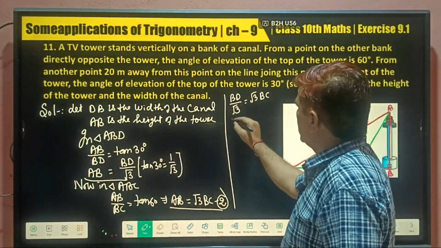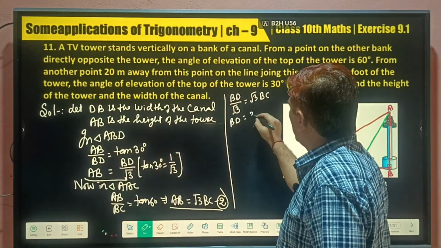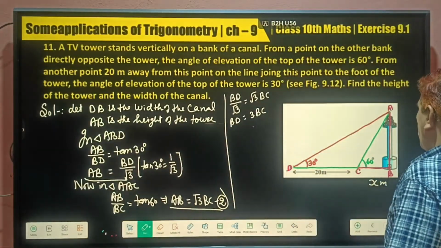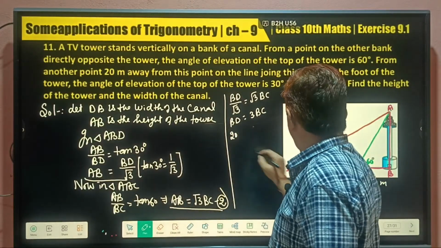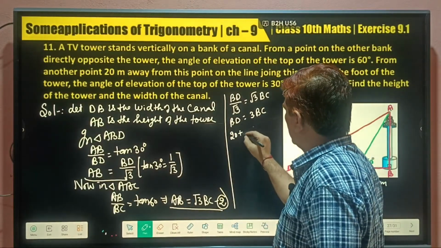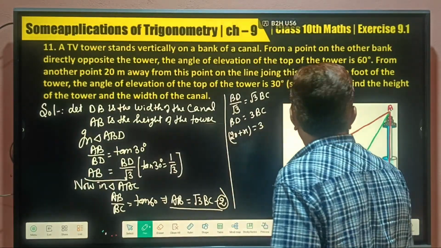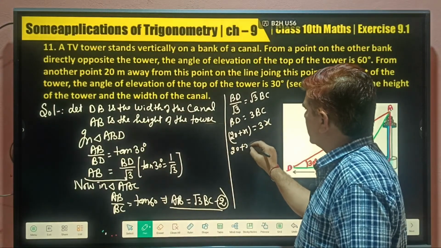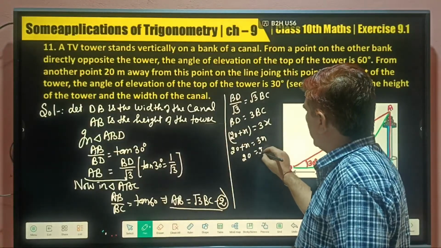So bring it to that side. BD equal to 3 BC. What's your BD? BD is 20 plus X, equal to 3X. Open this bracket: 20 plus X is equal to 3X. 20 equal to 2X.